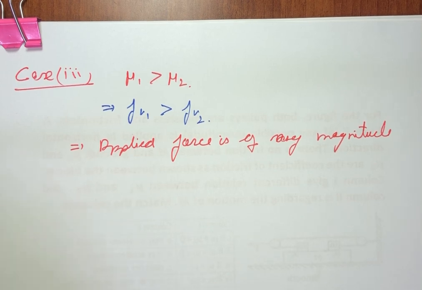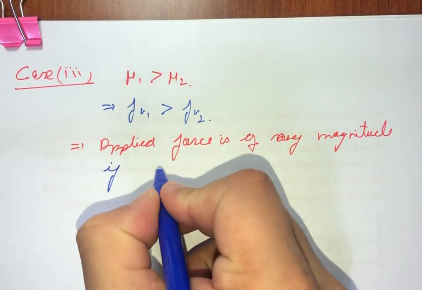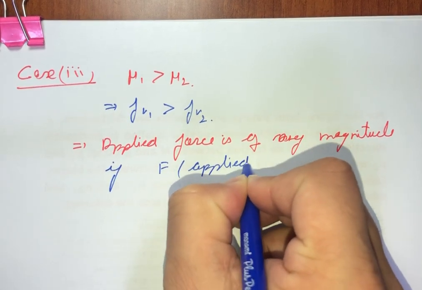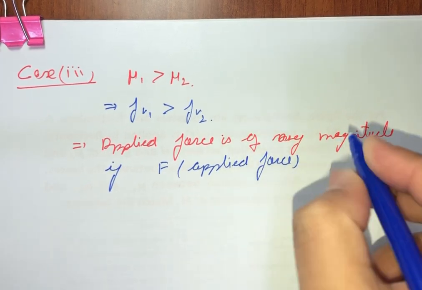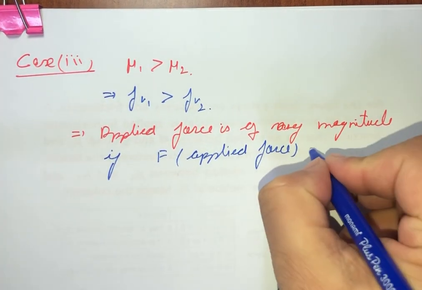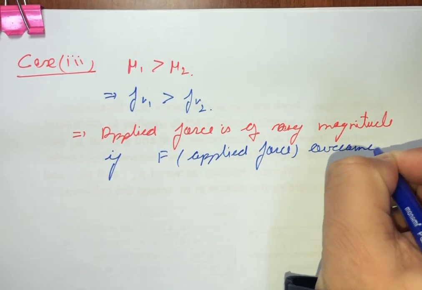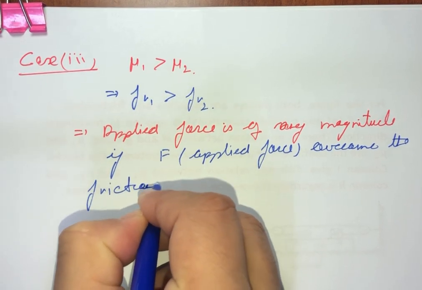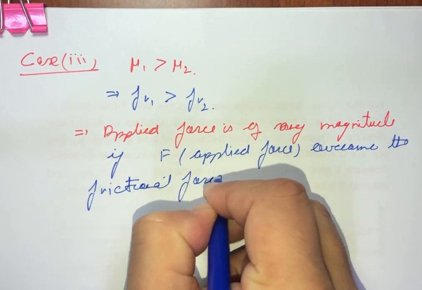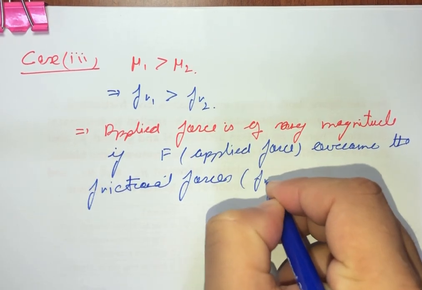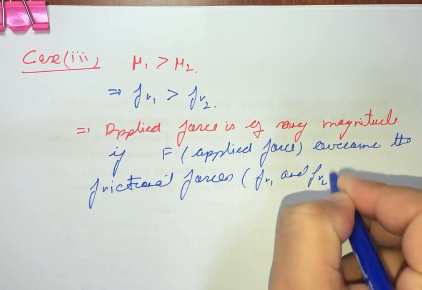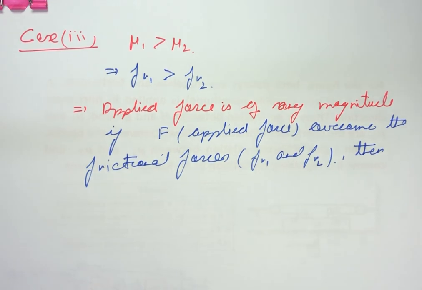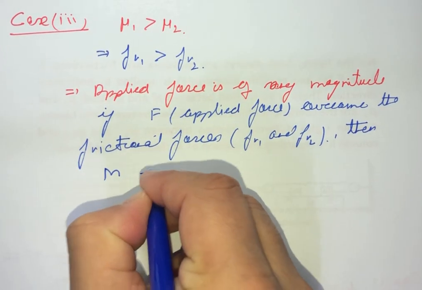So it basically means that if F, the applied force, overcomes the frictional forces FR1 as well as FR2, then M accelerates.